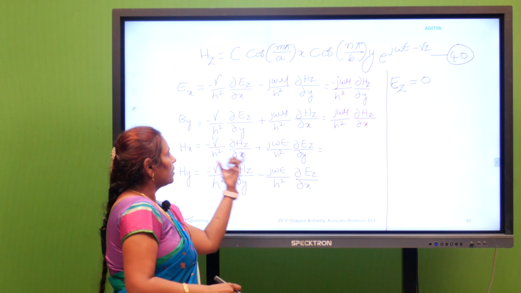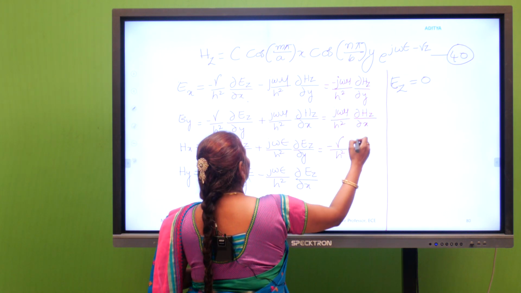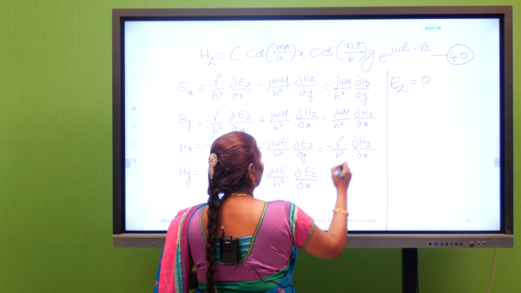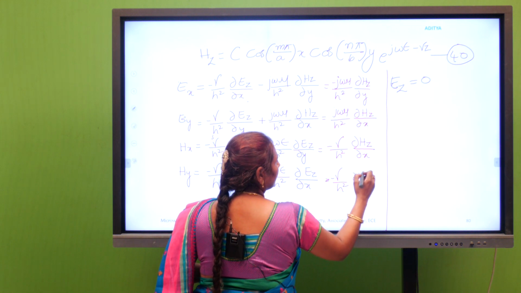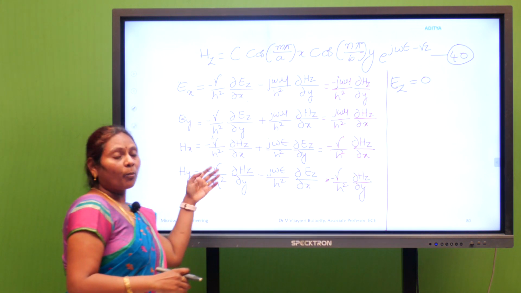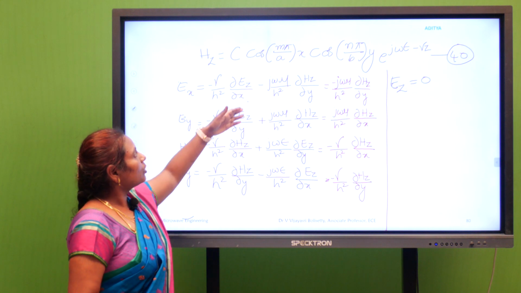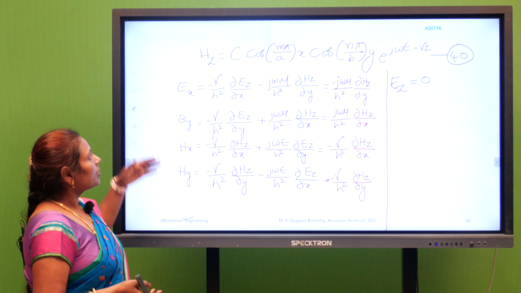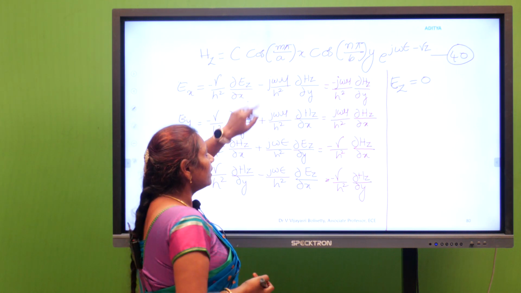The Ez components will vanish, and we are going to get only Hz terms. Now let us derive these field expressions by differentiating Hz with respect to x and y.